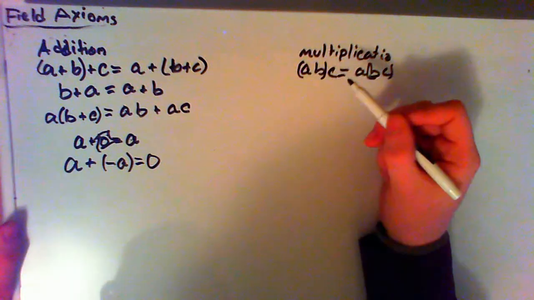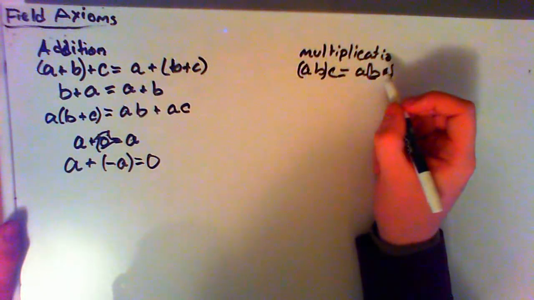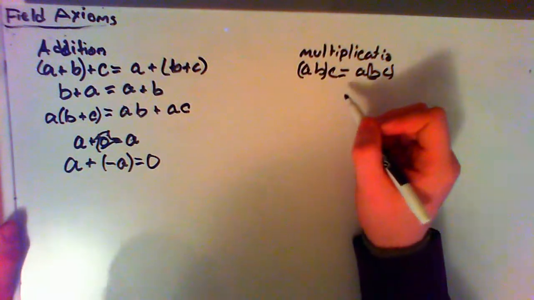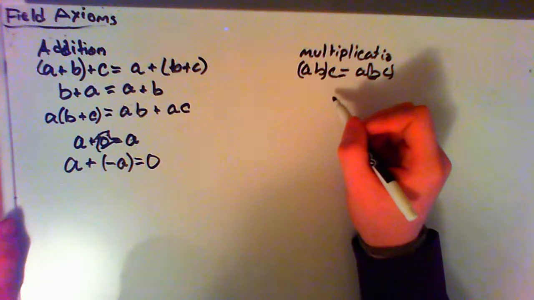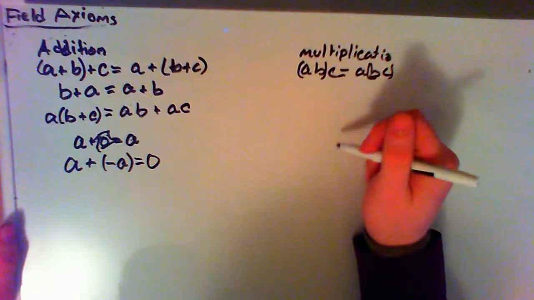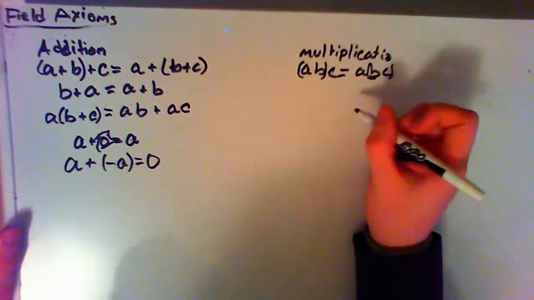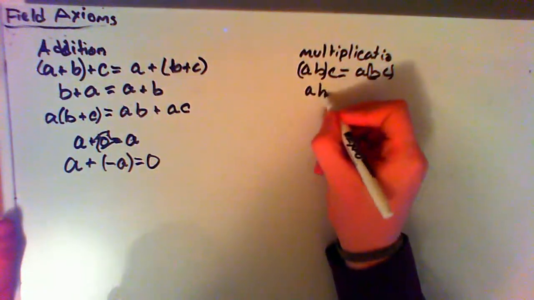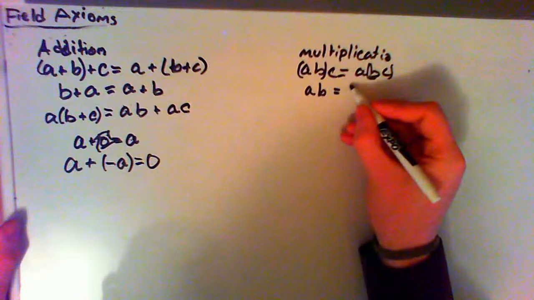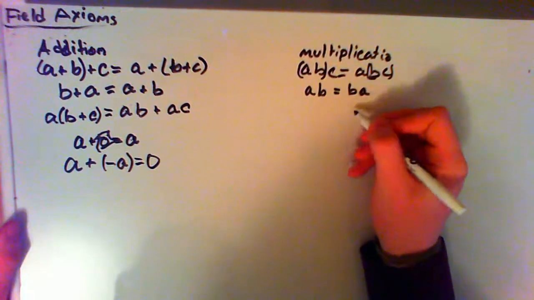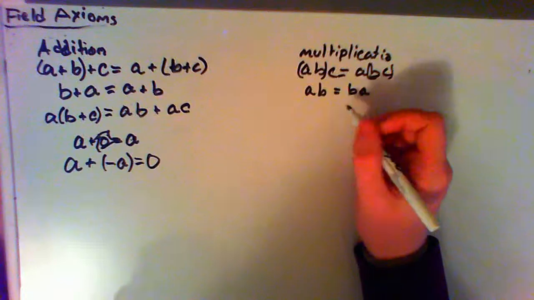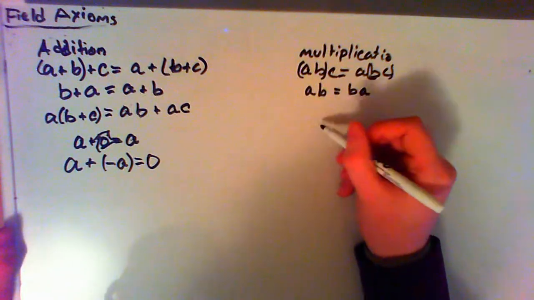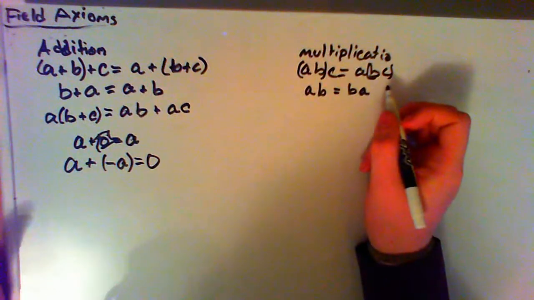A times B times C is the same thing as multiplying B times C times A. That doesn't seem too bad, does it? Then A times B equals B times A. Enough said.